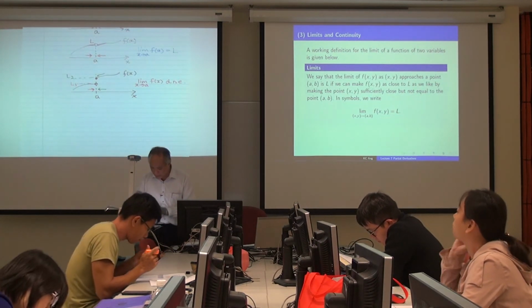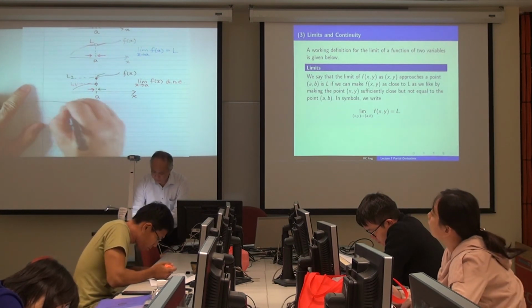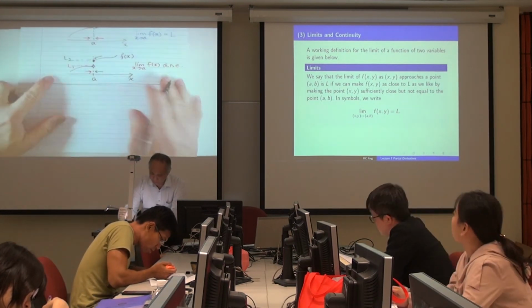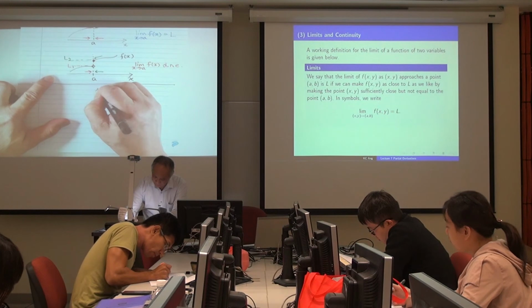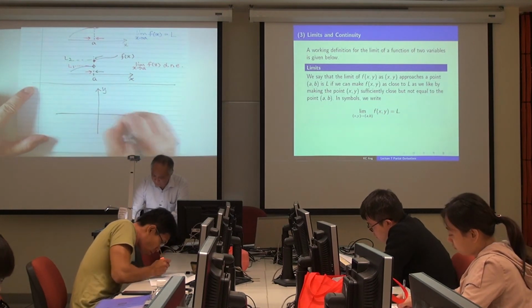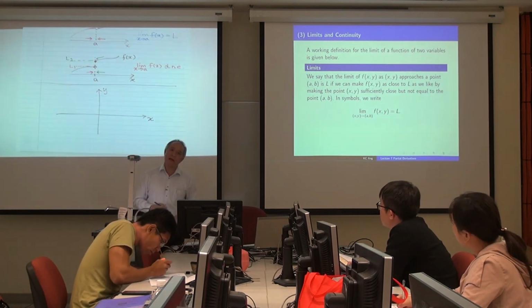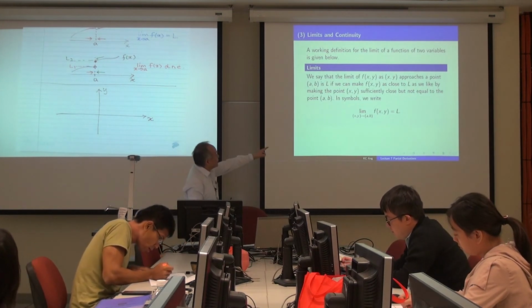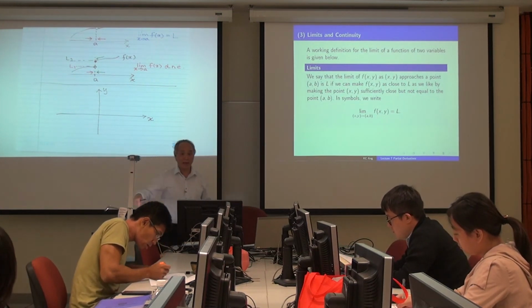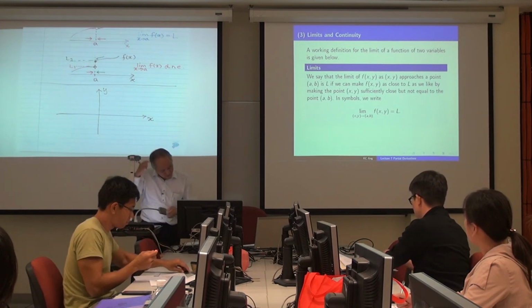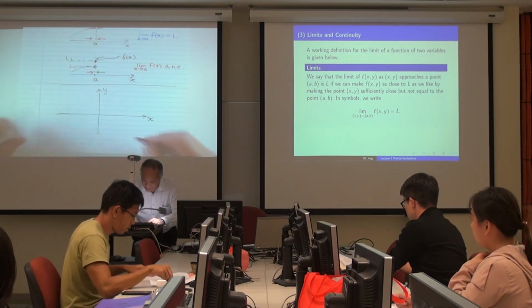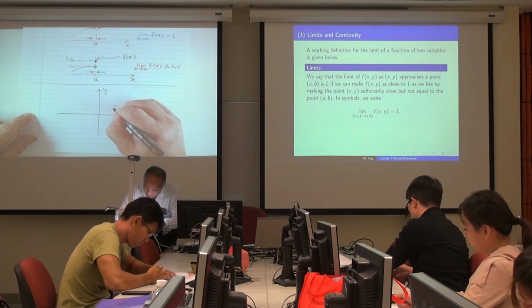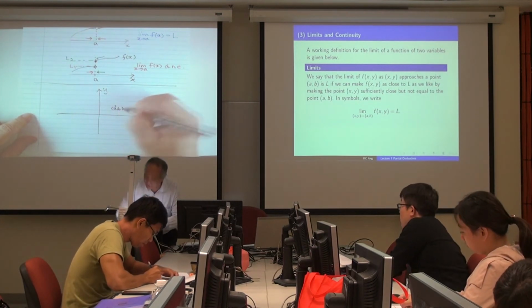So we will consider the plane xy, and then we consider a point AB on the plane. So let's say the point AB is this point here. Can you see?